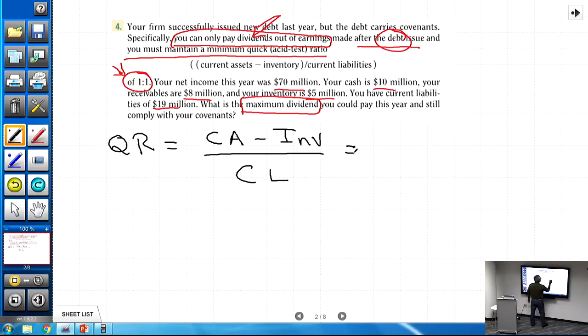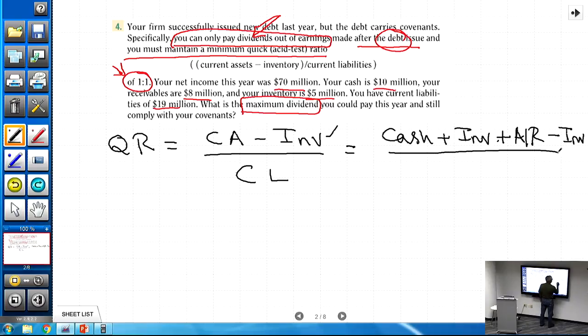So current assets is cash plus inventory plus accounts receivable, and then of course I have to subtract the inventory. This inventory I have to subtract, and then I will divide that by current liabilities.